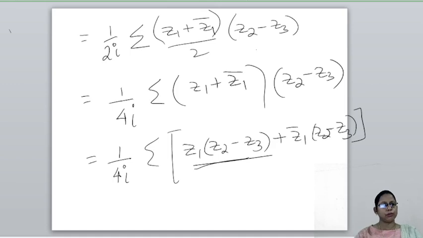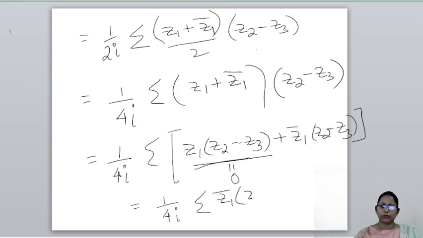So this portion will be 0, because the element is not multiplied with its corresponding cofactor but with the cofactor of another element. So I am left with this one, that is 1 by 4i sum of z1 conjugate times z2 minus z3.